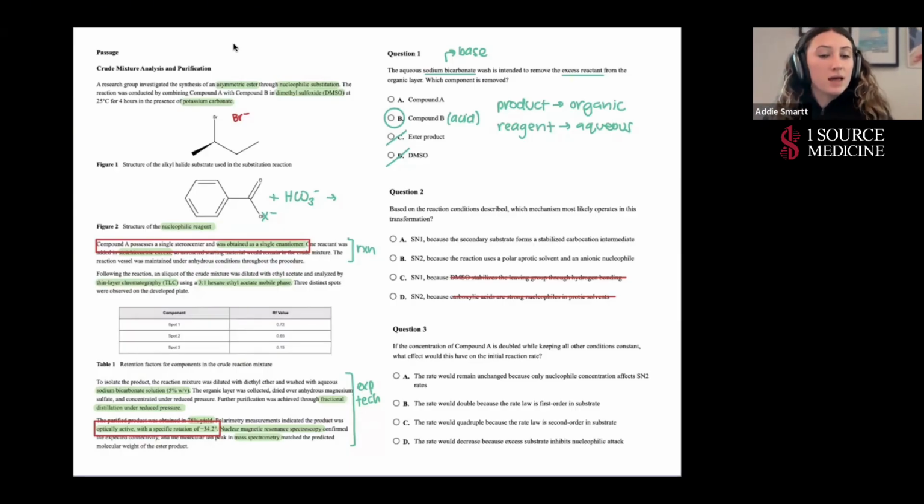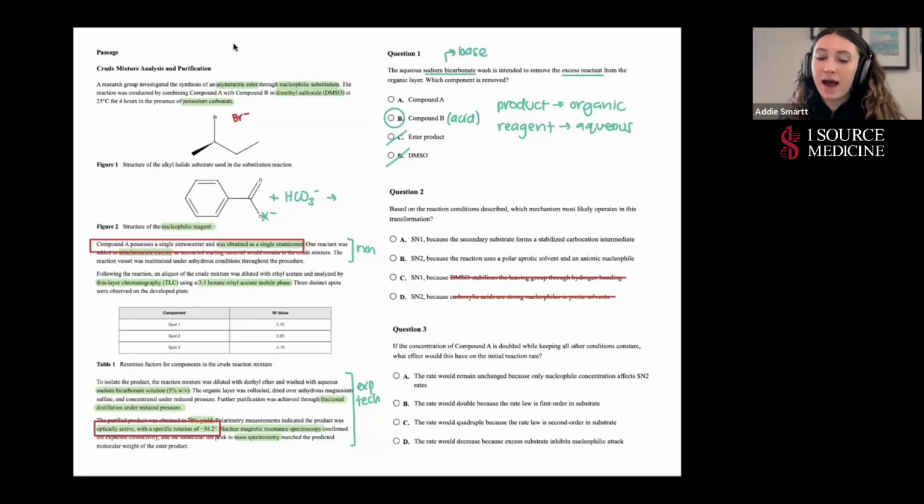And so to me, that lends itself more towards SN2 rather than SN1, because SN1 would form a racemic mixture of the products if that was the mechanism. And because our final product was optically active, it can't be a racemic mixture. Racemic mixtures should come out to a specific rotation of 0 because they are racemic.